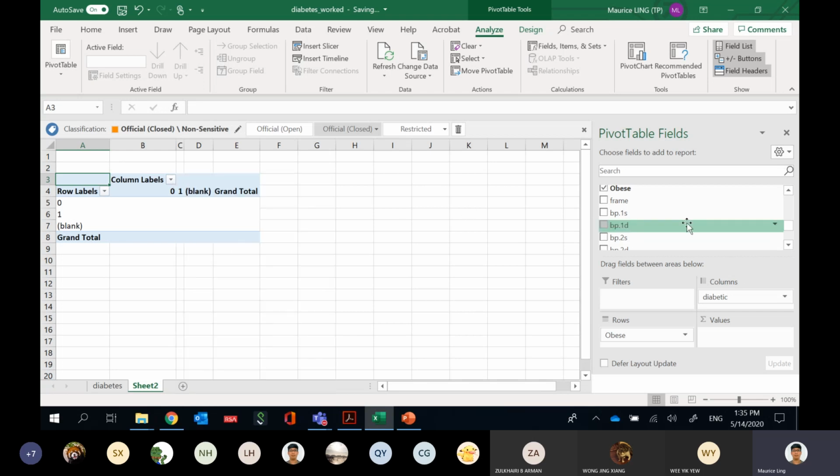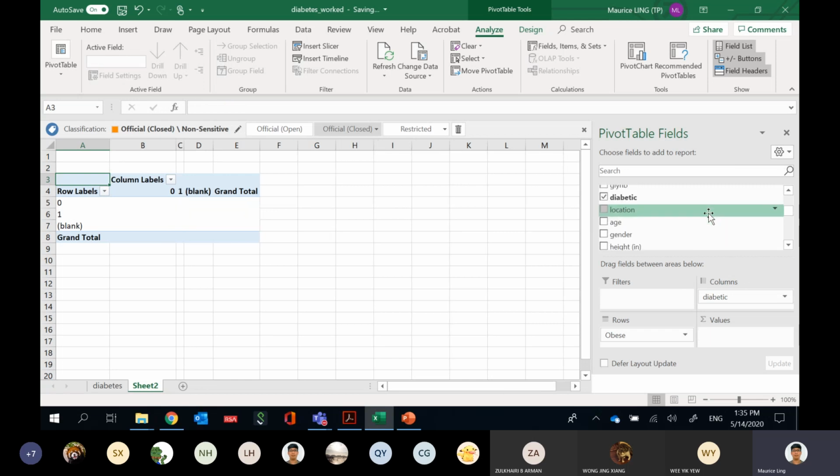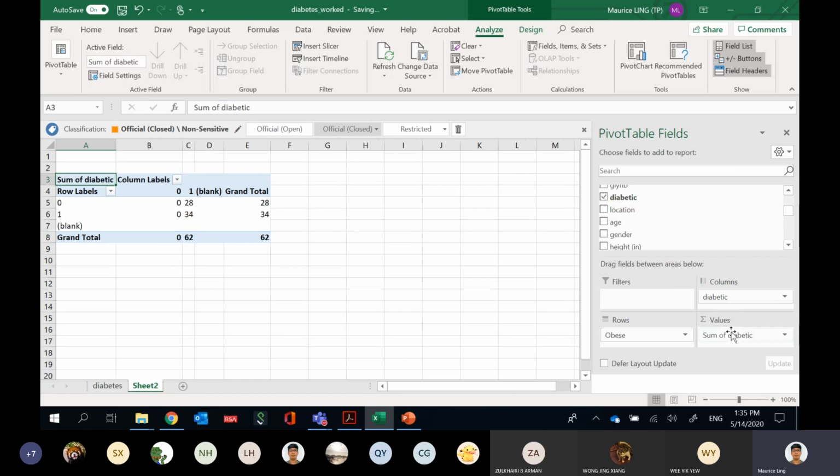Okay. Then after that, I go to either one, diabetic or obese. I don't bother. I drag the obese and throw it inside values. Hold on.